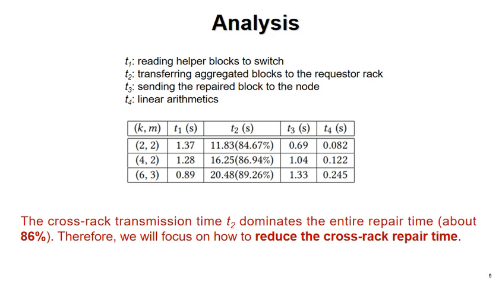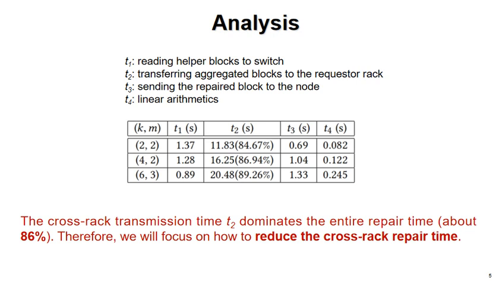We use RS(2,2), RS(4,2), RS(6,3) and set the block size to 256 MB. We then generate a stride and randomly distribute the k plus m blocks across the racks.